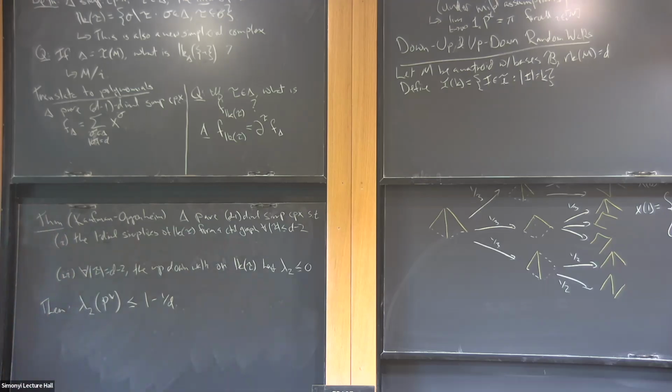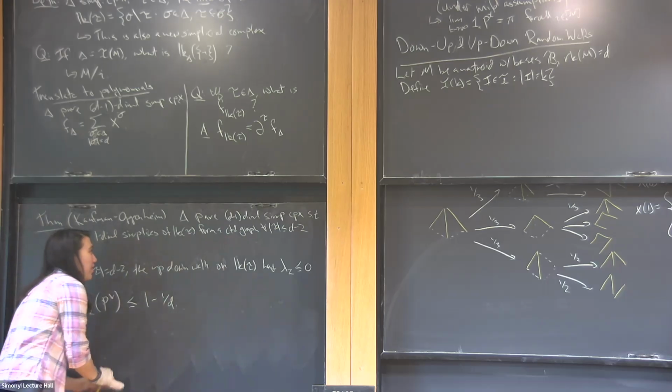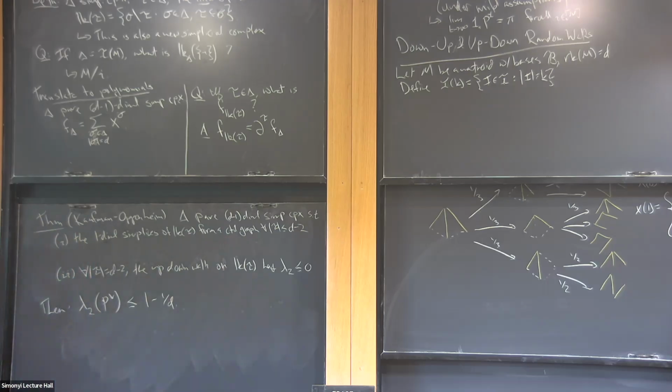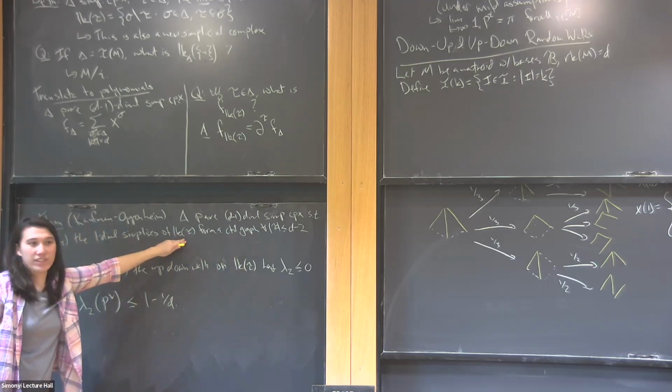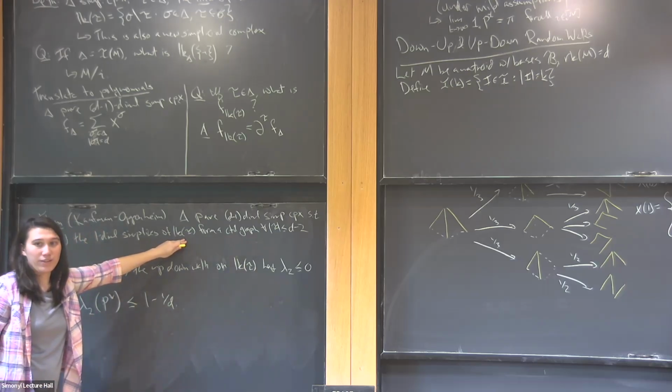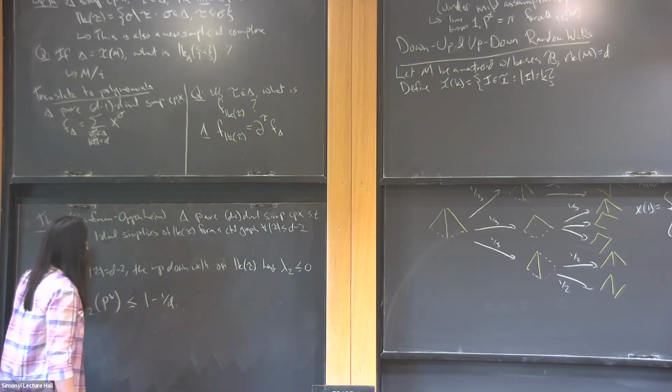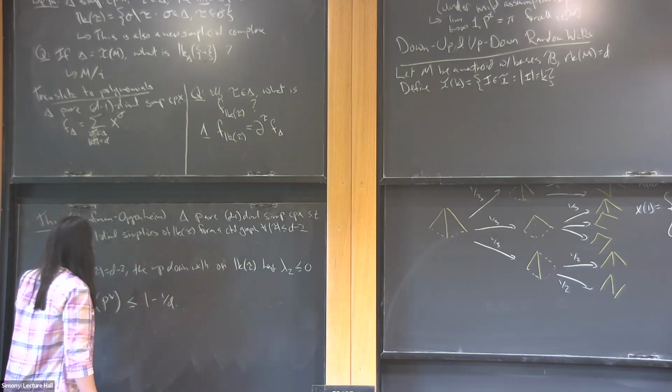Okay, so with the last approximately 2 minutes I have, let's start here. If we look at the one-dimensional simplices of the link of tau, this is d tau of f.